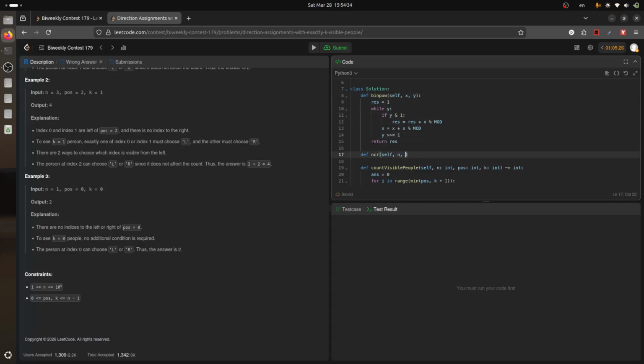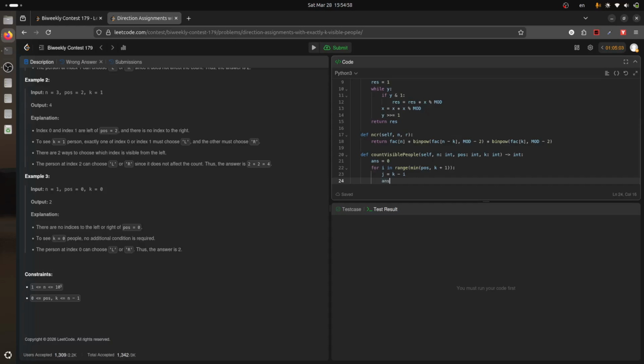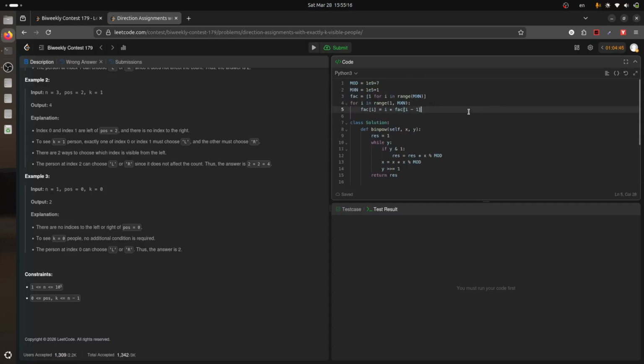Okay, and that's ncr, return factorial n times binpow of factorial n minus k, mod minus 2, times binpow of factorial k, mod minus 2, so classic. And then ans equals, so that's left is ncr. Yeah, probably this should be modulo, but whatever, let's do it like that, and this should be modulo too.